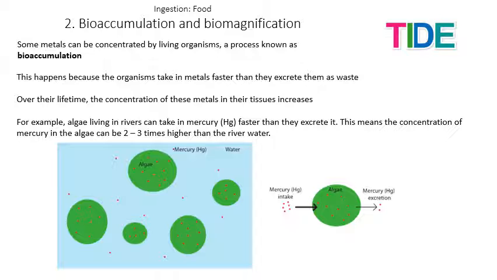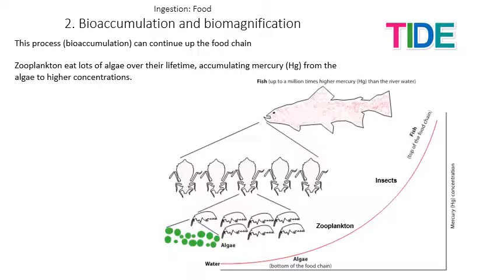Mercury is a very toxic heavy metal that's particularly prone to bioaccumulation in aquatic ecosystems. So photosynthesizing algae, living at the bottom of the aquatic food web, can feature mercury concentrations between 2 or 3 times higher than the waters they live in due to this process. So bioaccumulation of heavy metals will continue up the food chain.